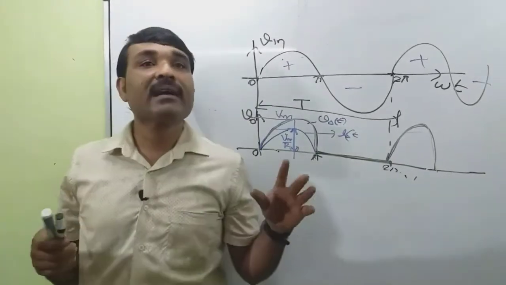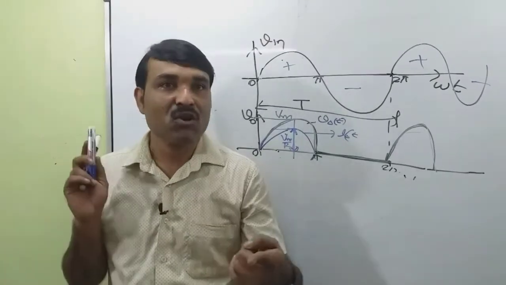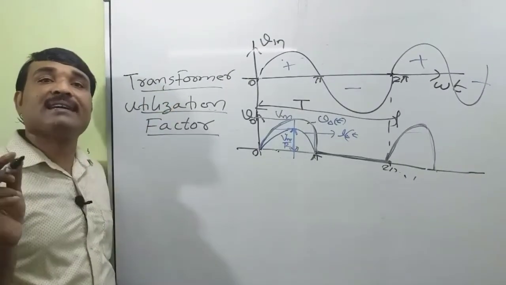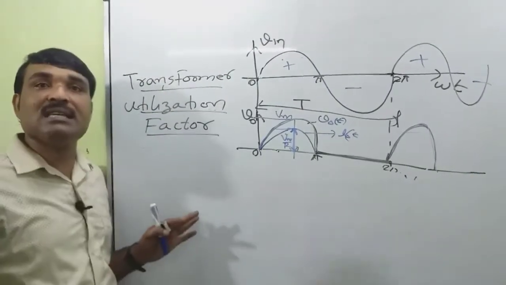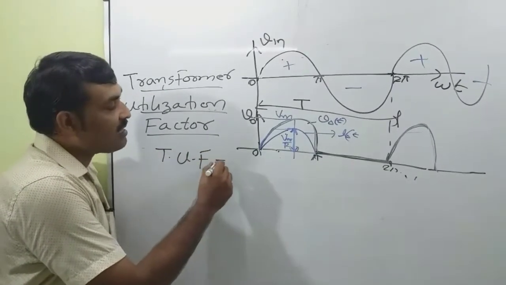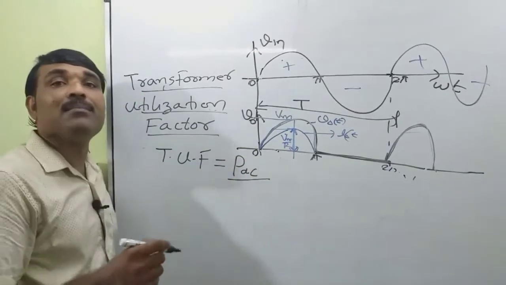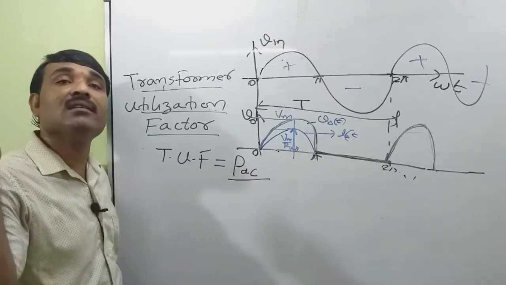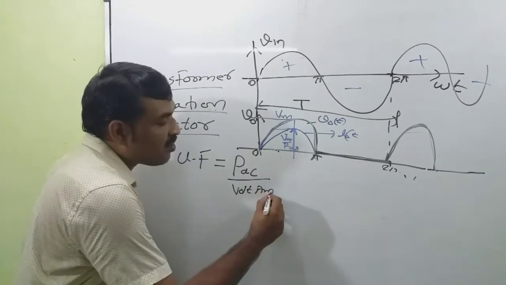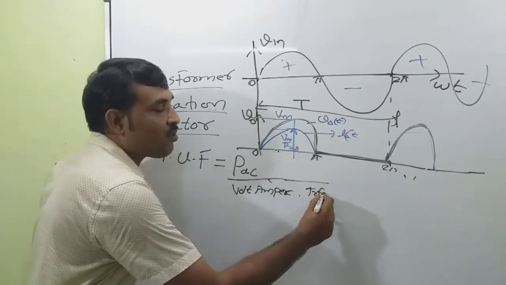Okay. Suppose we have a rectifier circuit. We are using a transformer. Then we have defined another term, the transformer utilization factor. The transformer utilization factor of a rectifier circuit, denoted by TUF, is equal to power DC divided by the volt ampere of the secondary terminal of the transformer.